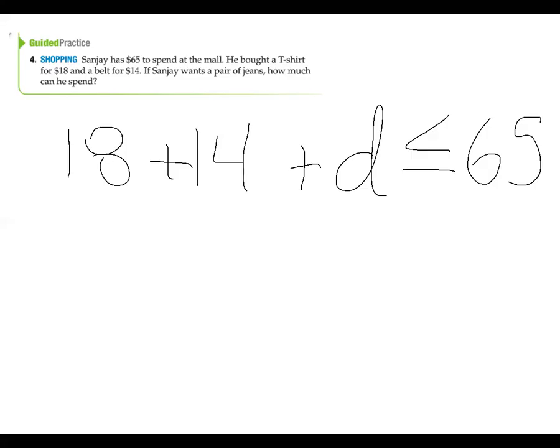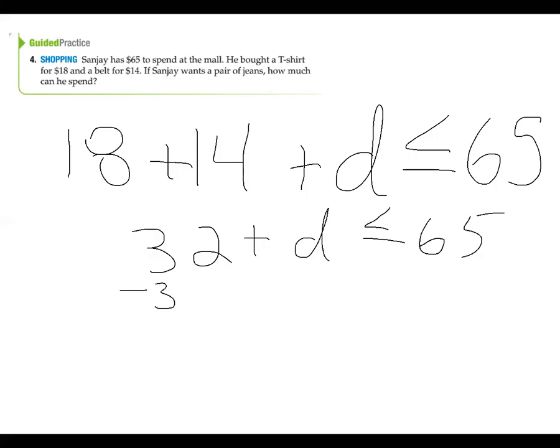The 18 plus 14 is 32, plus D is less than or equal to 65. So subtract 32. D is less than or equal to 33. So he can spend at most $33. So the pair of jeans has to be $33 or less.